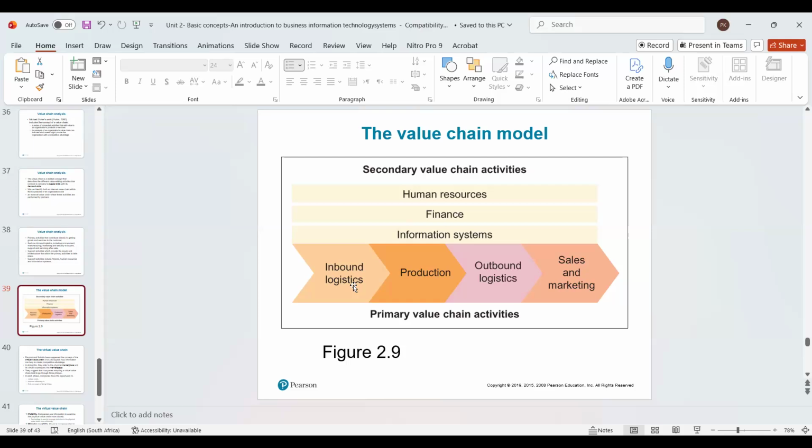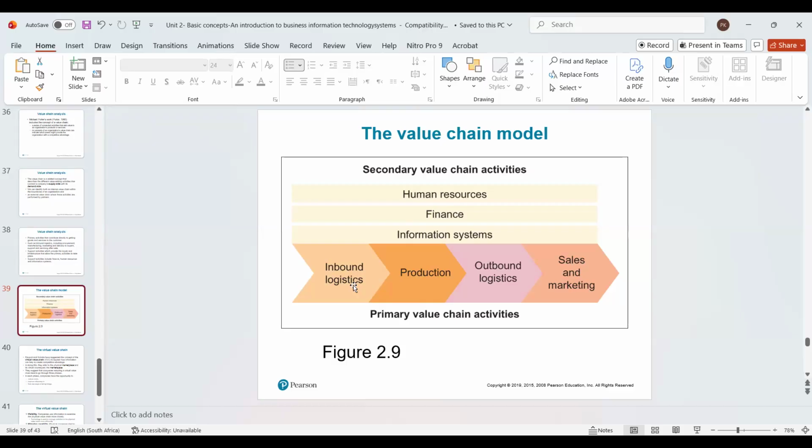And then after producing, we now have to move them to the outbound logistics where it moves from the production to a distribution channel or to another center where we begin to advertise or market the product, and then we sell the product.